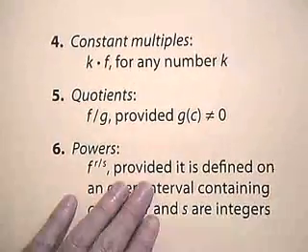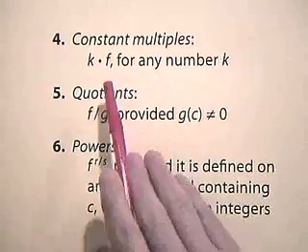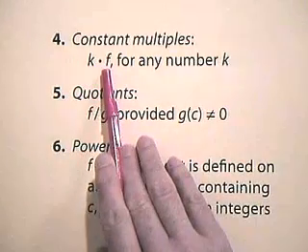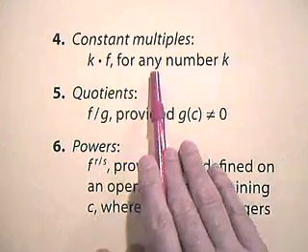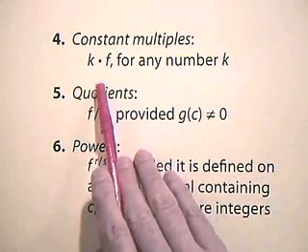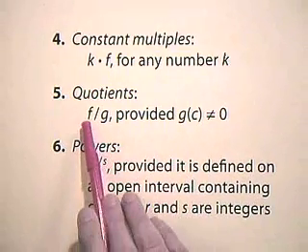And likewise, if we have a constant k and we multiply our function f by that constant k, then we still get continuity at the point c.